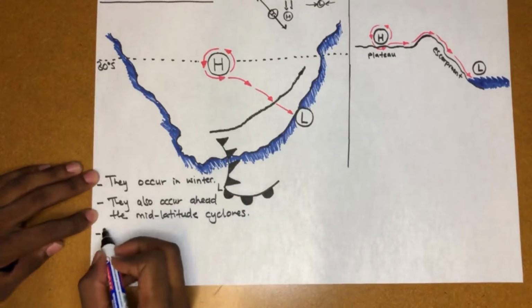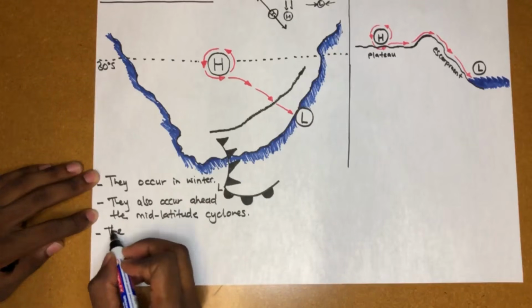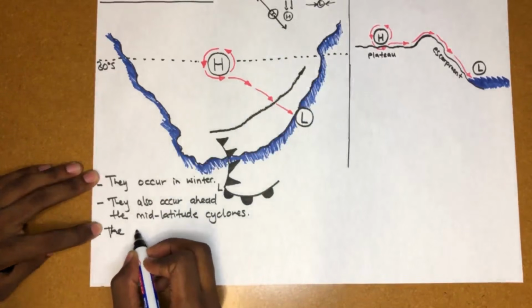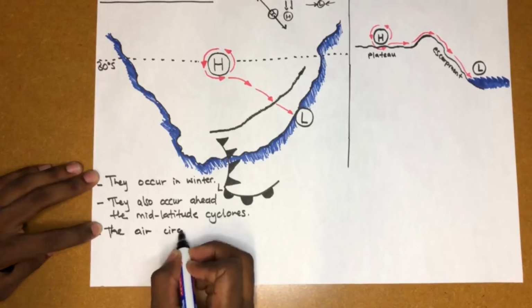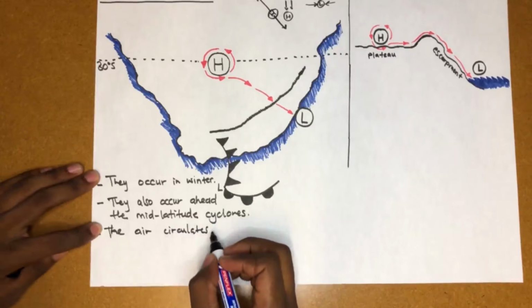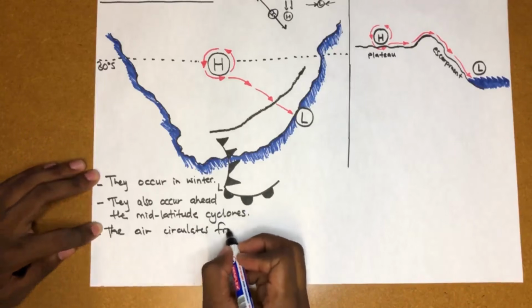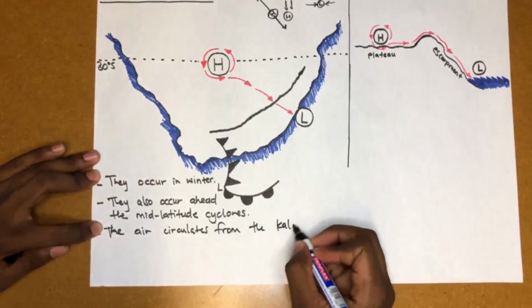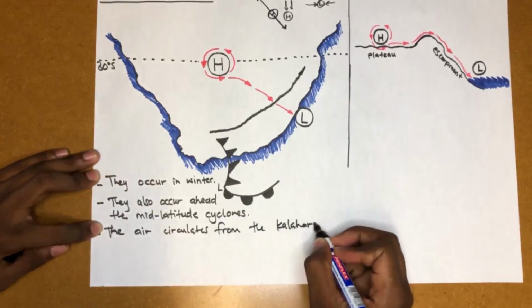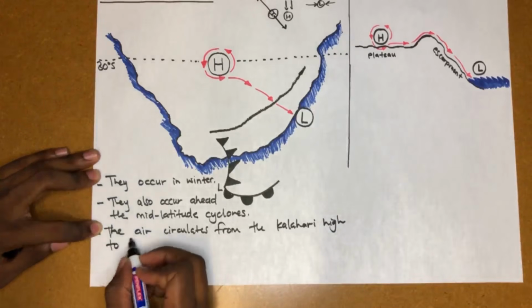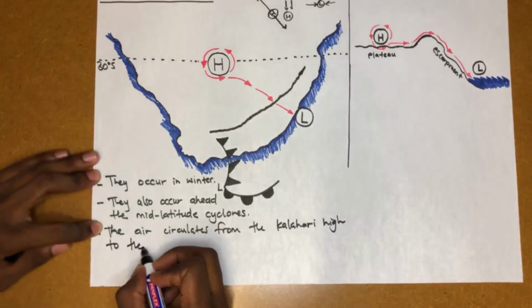The other important thing is that the air from the upper atmosphere circulates from the Kalahari High to the coastal low pressure.